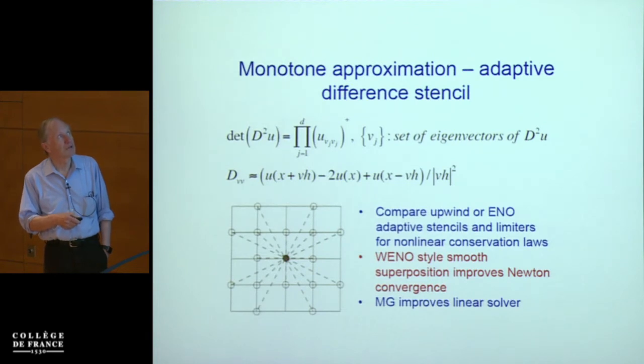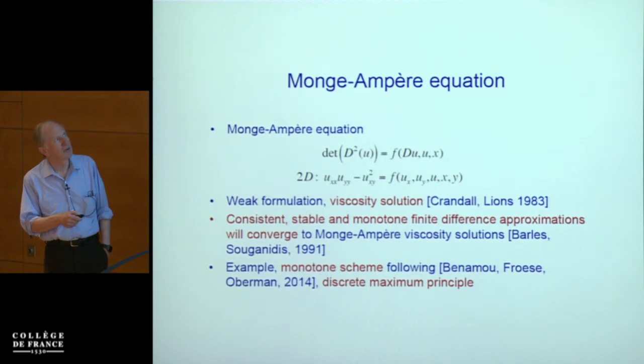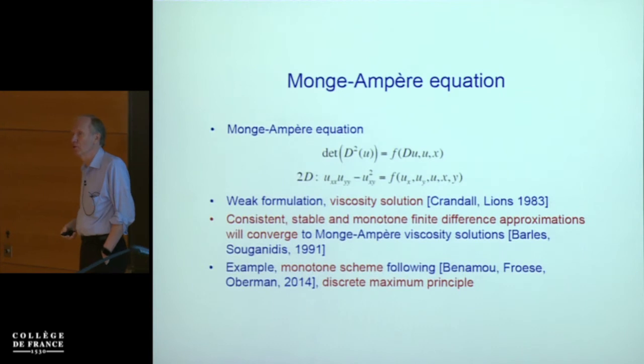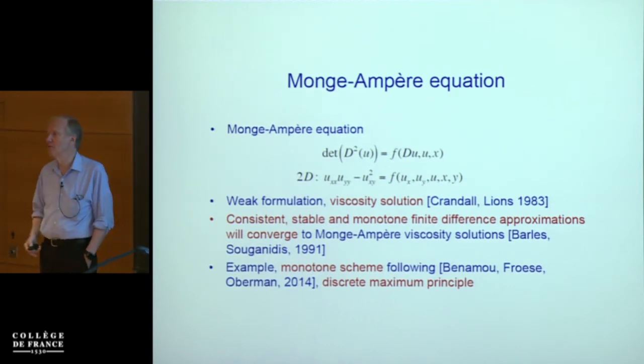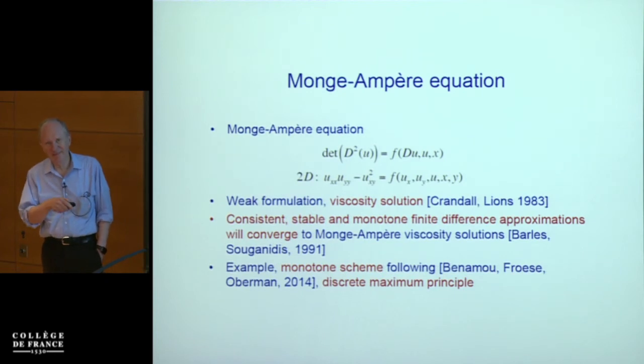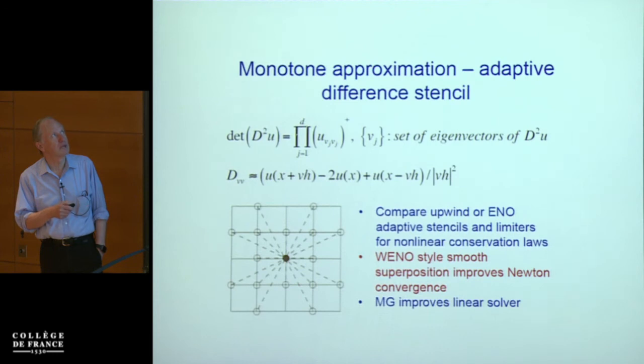One important feature was the difficulty in order to get monotonicity out of this term here, the mixed derivative term. If you do a standard approximation, doing a divided difference in one direction and in the other, it will not be monotone. And if you do that directly there, it will not work well. So the observation was here that you could do this by taking the divided differences, second derivative, in the directions of the eigenvectors.